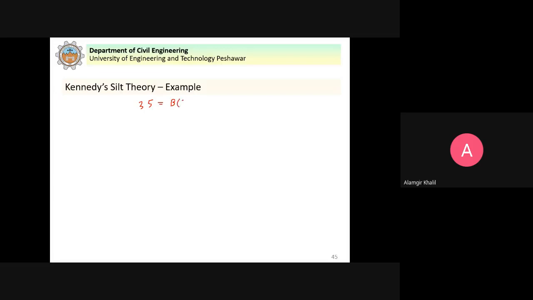Our depth we have already assumed 2, and D square by 2 is 2 square by 2. So now from here we can calculate the bottom width. B comes out to be 16.5 meter.